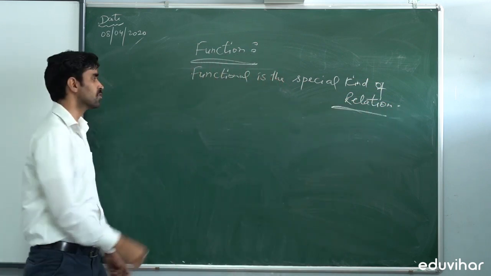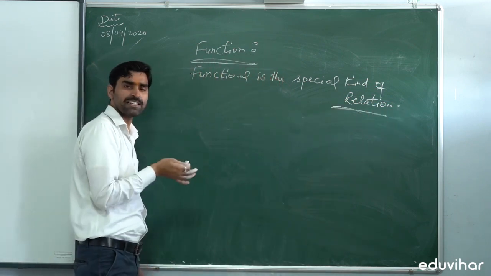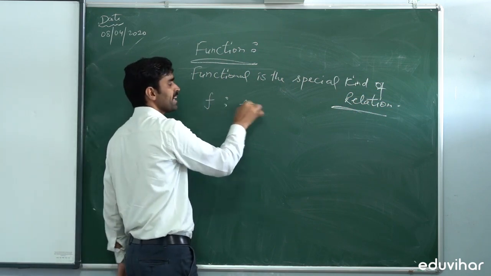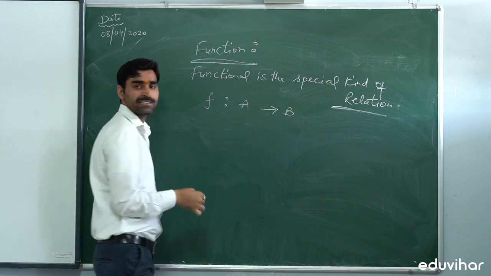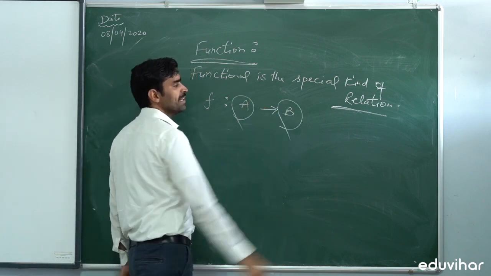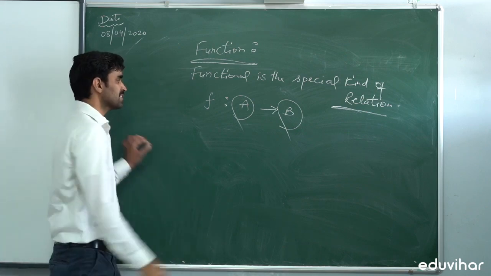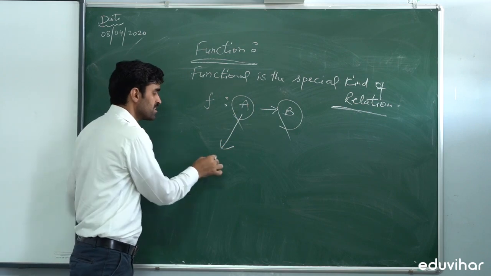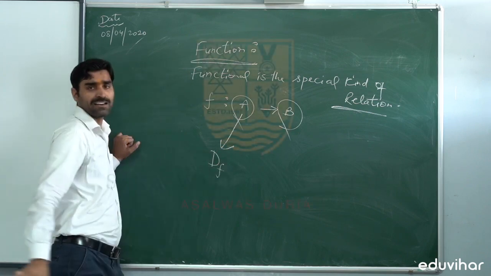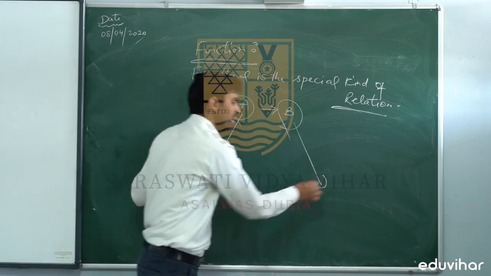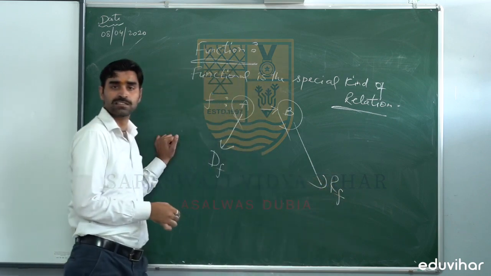As we know, a relation goes from set A to set B. Similarly, if a function goes from set A to set B, that is, elements of set A must be mapped to elements of set B, then the complete first set is known as the domain of the function. The complete second set is known as the codomain of the function.